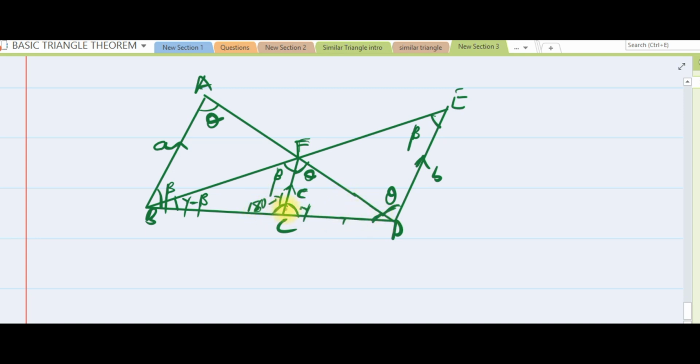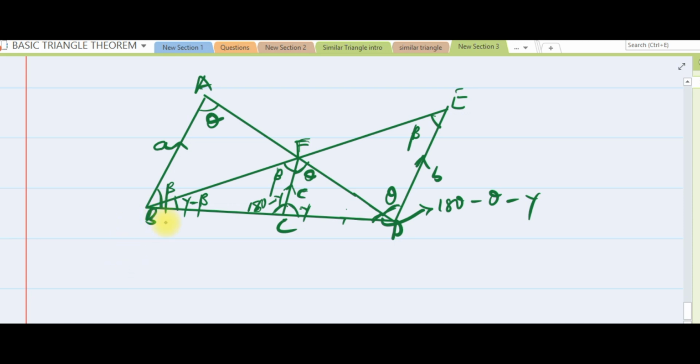And since here is 180 minus gamma, here should also be 180 minus gamma, because here corresponds to this. Are you following? So the remaining angle here should be 180 minus theta minus gamma, because this is a triangle, so the angle sum must be 180.